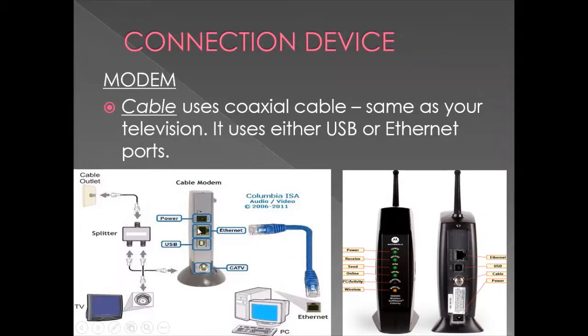It can be plugged here in the cable modem, and in the computer here. So that's how the cable modem is also used as a connection device. The diagram on the right also shows that it's a cable modem.